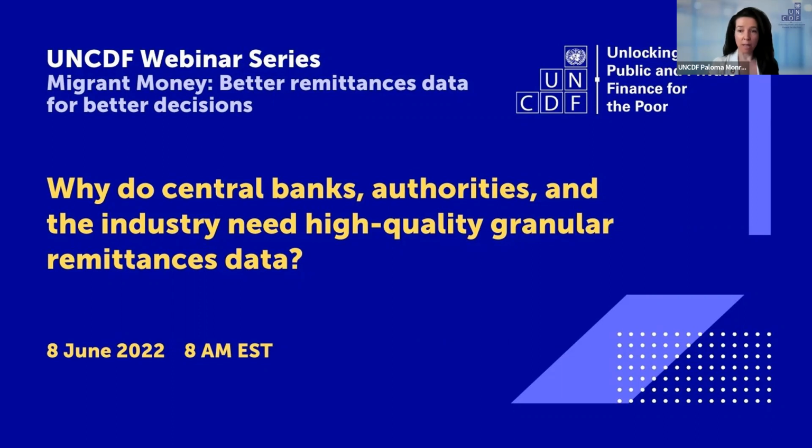Also, we have here the South African Reserve Bank, which collects detailed transaction level data, but also with a gender component. And they're going to talk about this. We also have here the Central Bank of Spain. In 2020, the population in Spain was over 47 million, and 11% were migrants.